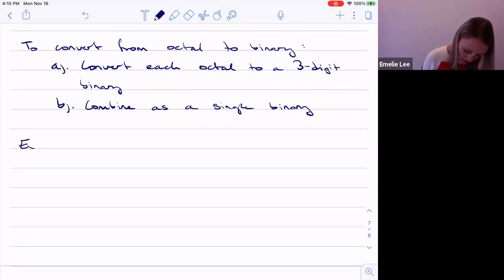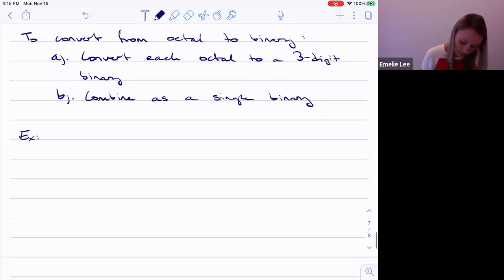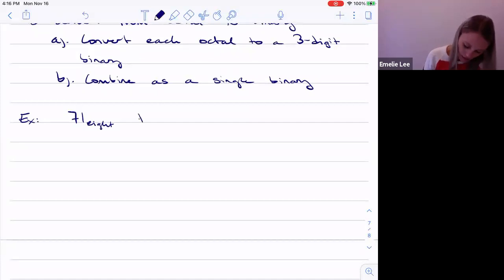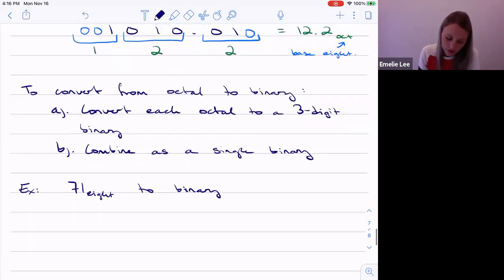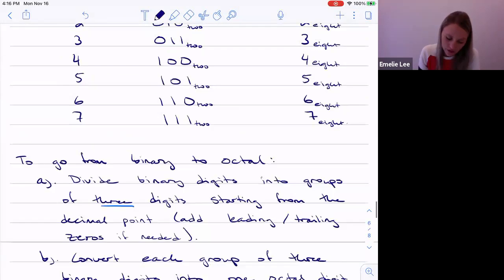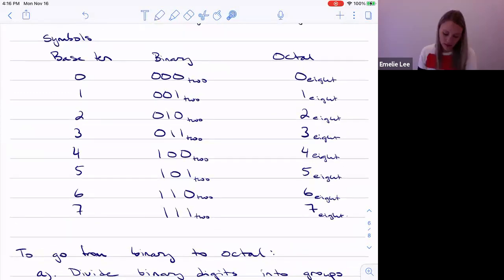Let's do an example. 71 base 8 to binary. So now I have 7 base 8, and I can go back to my little table here. 7 base 8 I can replace with 1, 1, 1 base 2.